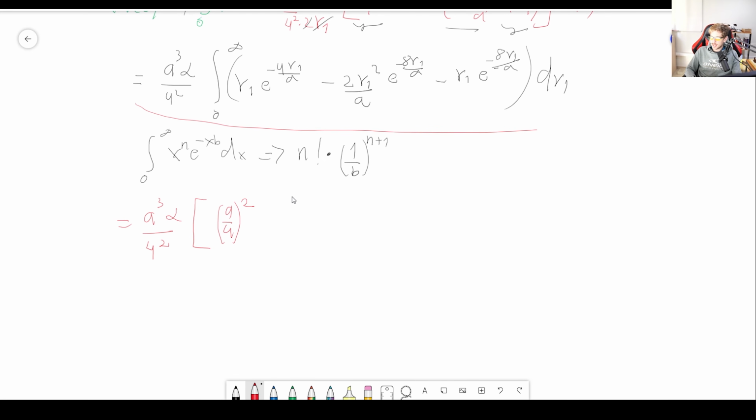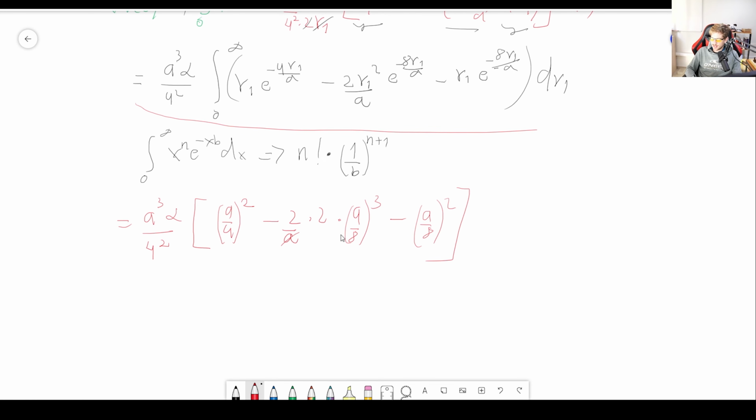Okay, next one, here. We have a pre-existing minus 2 over a, and then we get 2 factorial times 2, right? 2 factorial is 2, times a over 8 cubed, right? 2 plus 1. And then we get minus, and there's an r1, so we get simply a over 8 squared.